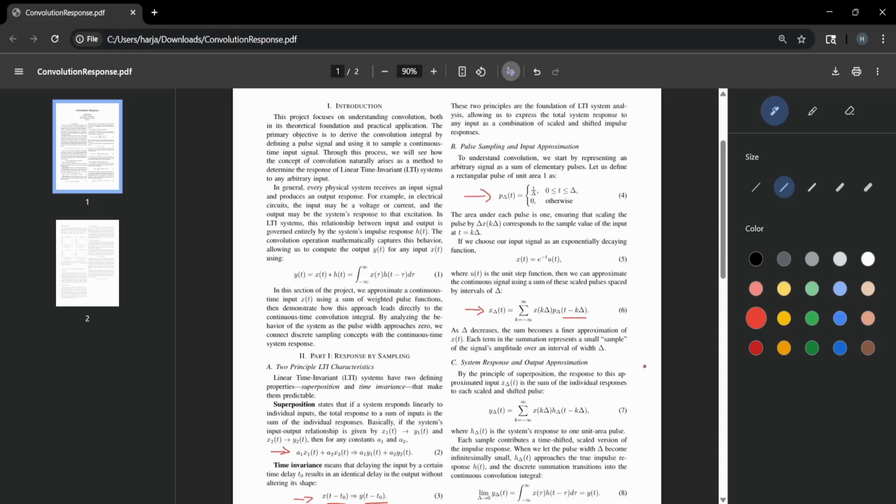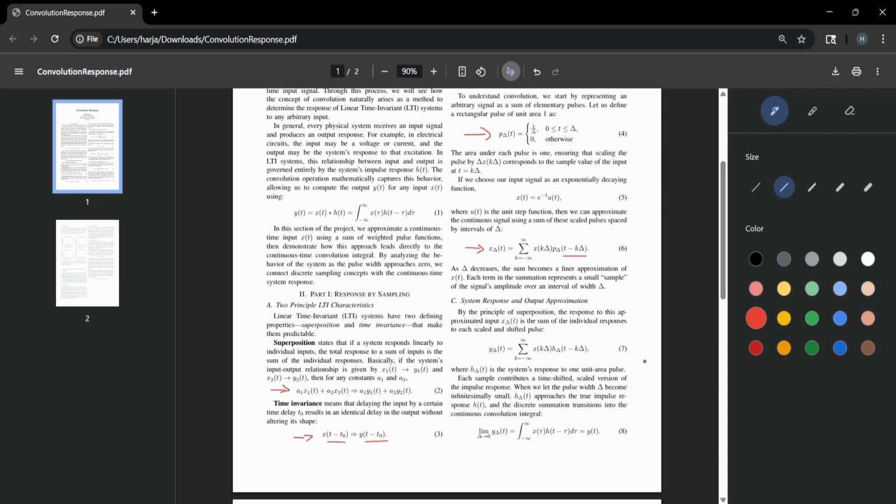By applying the two properties of superposition and time invariance, we can see how each pulse p delta of the input signal has its own output of h delta with the same time shift applied. We can then represent the approximate output y delta of t as such.